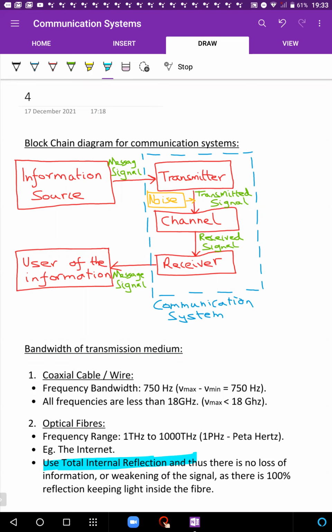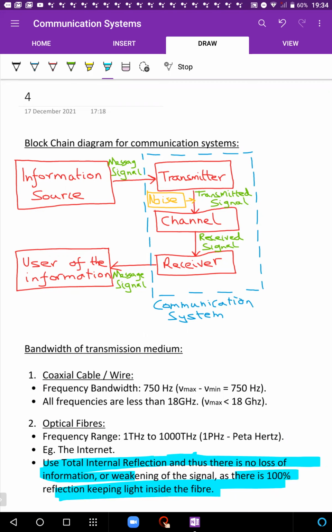So you send in light through this thin fiber which is denser than the surrounding medium, and TIR takes place. Light strikes the walls at large angles, and because of TIR the light stays in the cable, and thus there is no loss of information, because TIR uses 100% reflection, keeping 100% of the light inside the fibers.